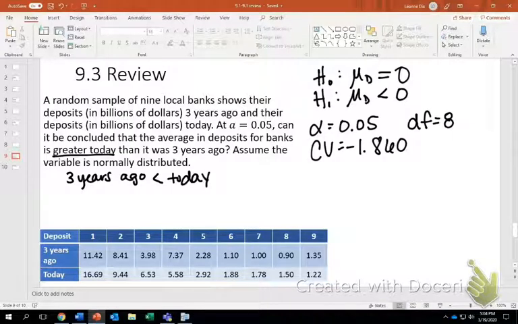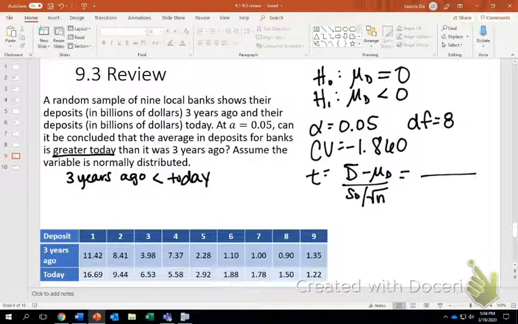All right, now to find the test value. Remember, the test value is based off of the formula, the mean of the difference minus mu sub d, and remember this is going to equal 0, over the standard deviation of the difference divided by the square root of n. So some of these pieces we know, and we can plug them in.